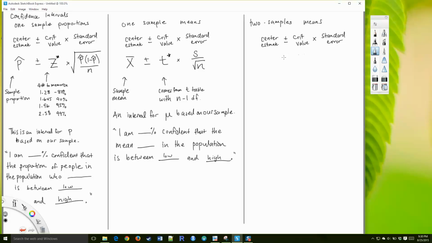All right. Two samples means. So far, so good? Okay, in the center here, we have x bar 1 minus x bar 2. That goes in the center, plus or minus our critical value, still t star. And our standard error is now the square root of s1 squared over n1 plus s2 squared over n2.